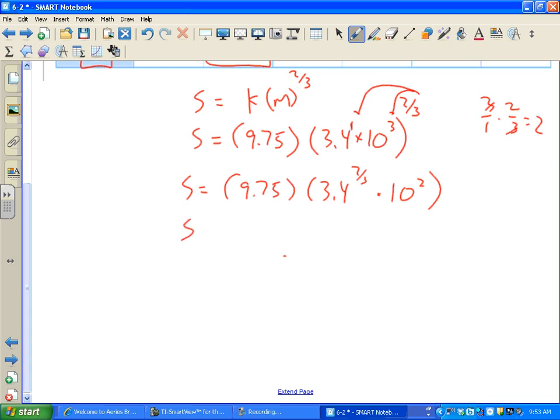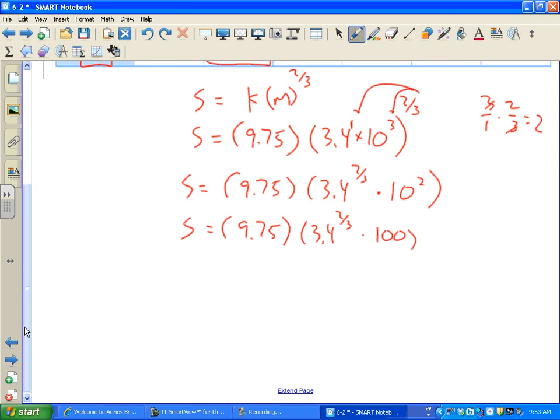At this point, to get my surface area, it's going to be 9.75 times 3.4 to the 2/3 times 10 squared. 10 squared, by the way, is 100. And 100 times 9.75, I'm going to move that decimal over twice, so that's going to give me 975.